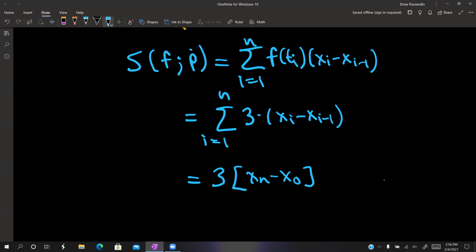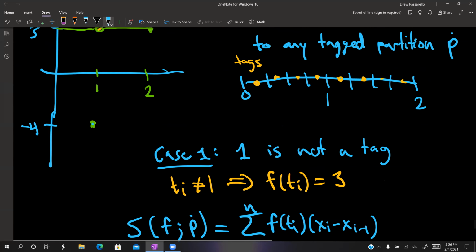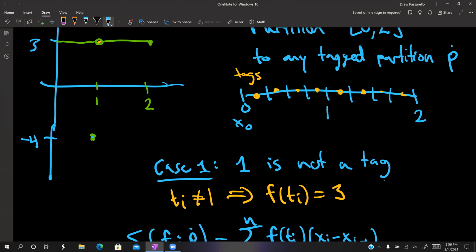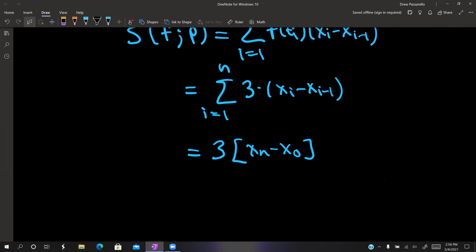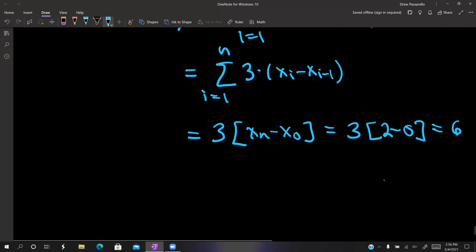In this case, x naught is 0, xn is 2, so it'd be 3 times 2 minus 0, so 6. All right, so that's our Riemann sum.